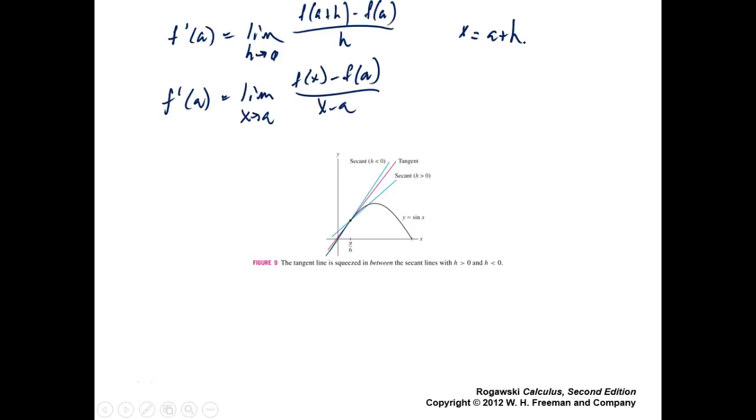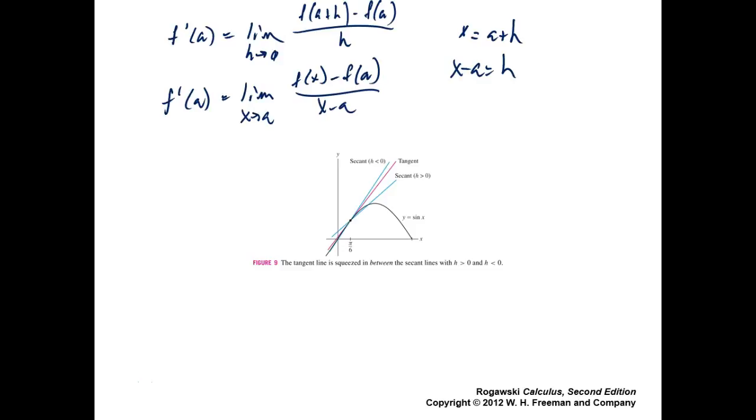Okay? That's your classic difference quotient. Up here, if that is the case, x minus a is equal to h, right? Subtract a from both sides of the equation, you got h. So your f of x becomes f of a plus h. Your f of a stays exactly the same. Your x minus a, if you subtract a from both sides, you just get h.